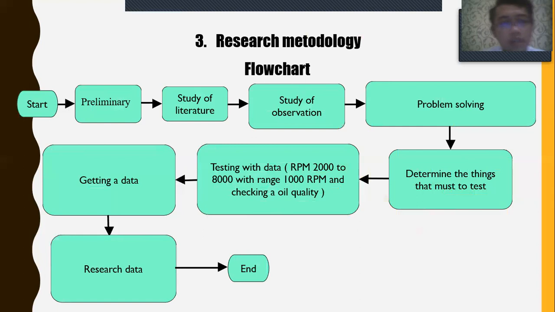Next, research methodology or flow chart. First, I start this research. 2, preliminary. 3, study of literature. 4, study of observation. 5, problem solving. 6, determine the things that must be tested. 7, testing with RPM data from 3000 to 8000 with range 1000 RPM and checking oil quality.